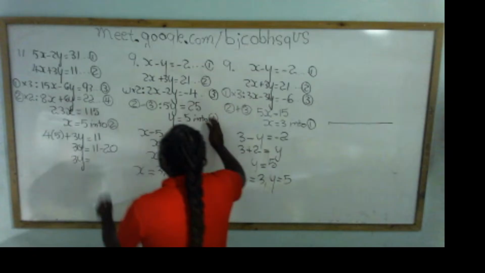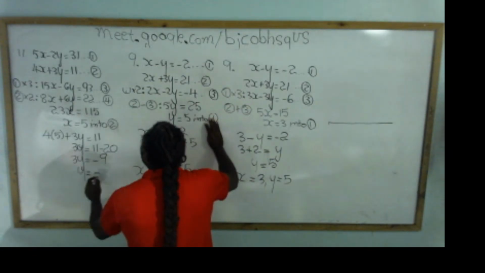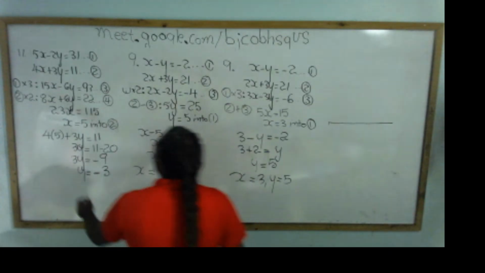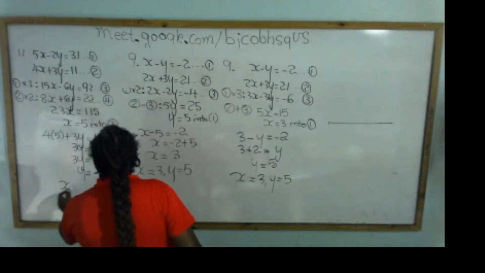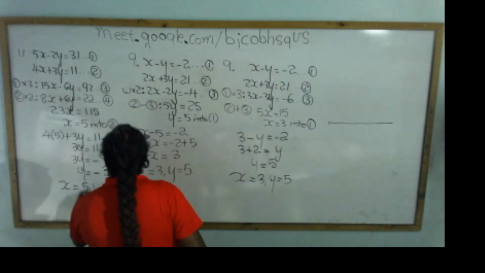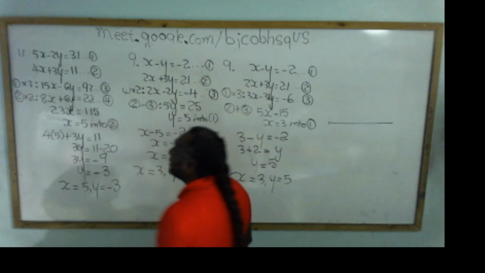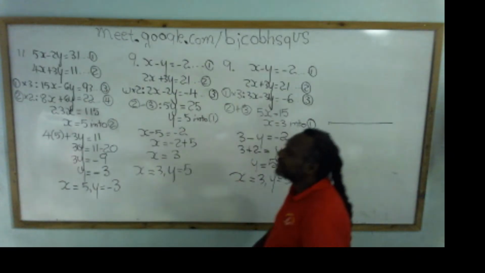Negative 9. So y is equal to negative 3. So x is equal to 5, y is equal to negative 3. And that's your last take. No more takes on number 11.